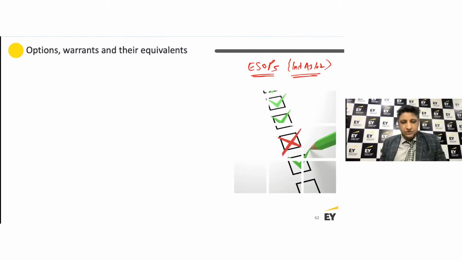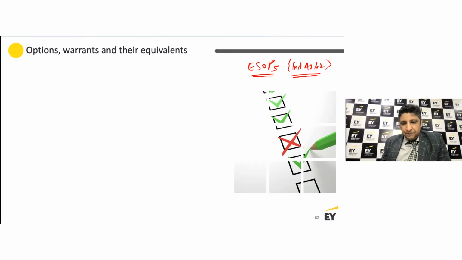So when organizations are issuing such options, for example in case of an ESOP, an employee has an option to subscribe to a share in a company at less than the market price, as an example. Or there could be some warrants issued to somebody, and these warrants have a characteristic that they may be converted into shares later. So these are again the potential shares.